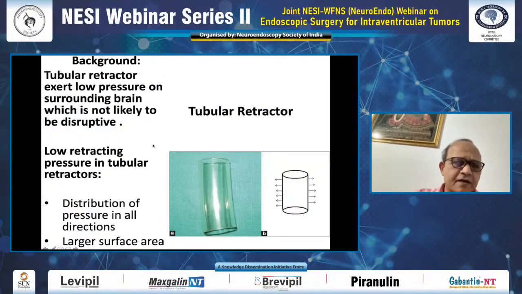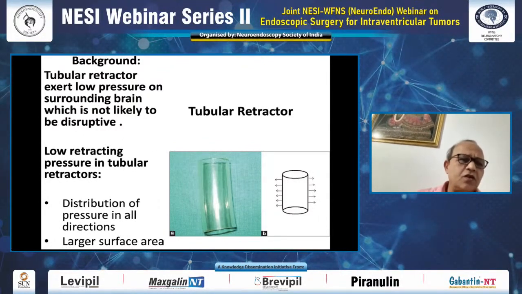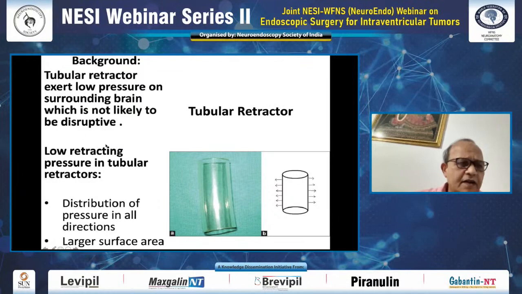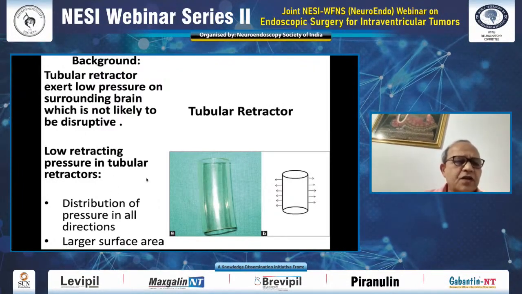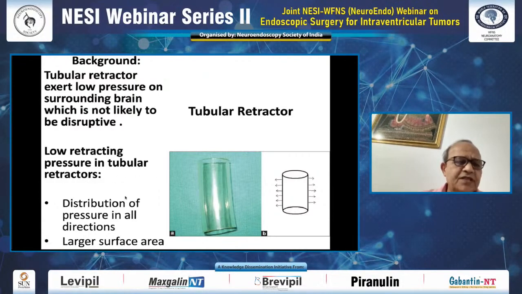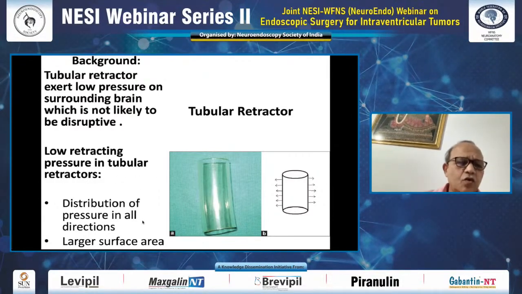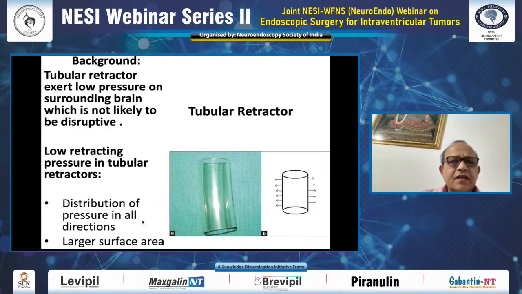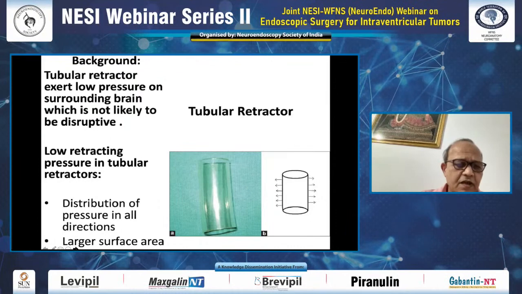Regarding the tubular retractor, we know that there is a low retracting pressure when you use a tubular retractor, and this is because the pressure is distributed in all directions over a larger area, and therefore there is less chance of producing contusion.